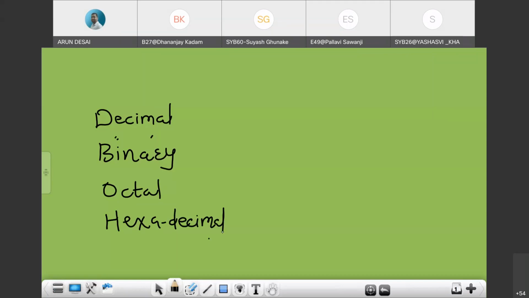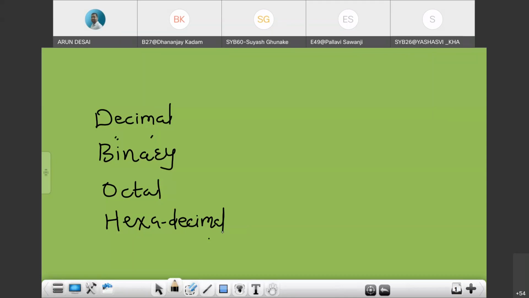Just check your screen. There are four number systems written there. One is the decimal number system, then binary, then octal, and then hexadecimal. From those, which one did you study in first year?